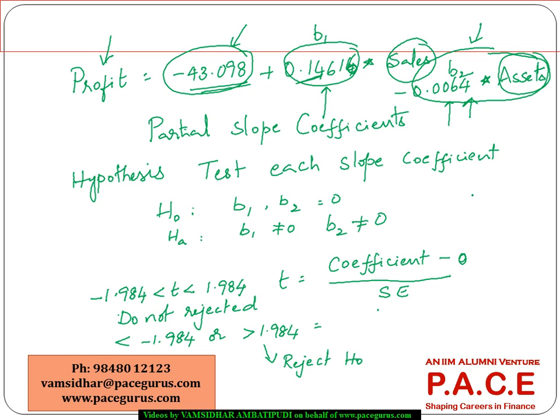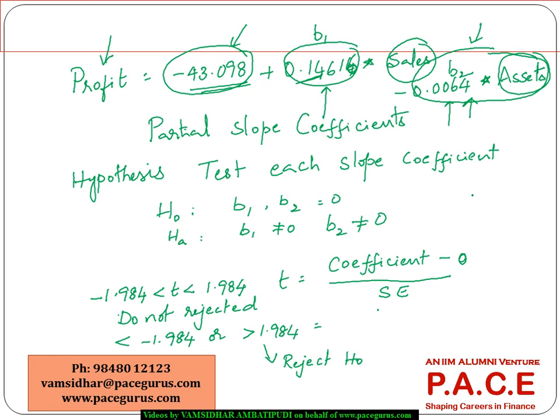For each of them I'll do this process: wherever the t value is greater than the positive side of the critical value or less than the negative side of the critical value, we can reject the null hypothesis and say that the coefficients are statistically significant.